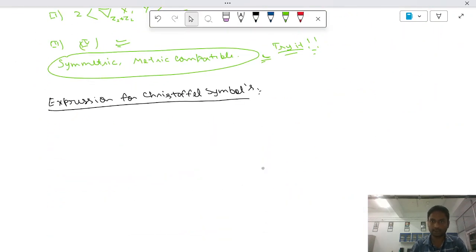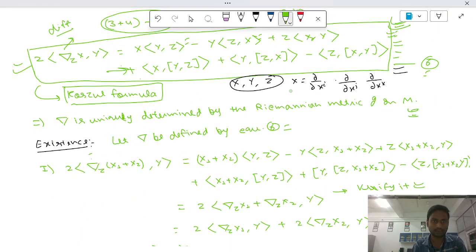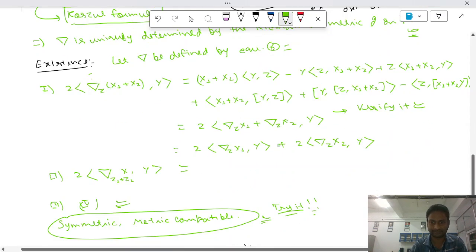So let x equal del xi, y equal del xj, and z equal del xk. Let's apply that in the Koszul formula. Your Koszul formula was this: 2 times nabla_z x comma y.